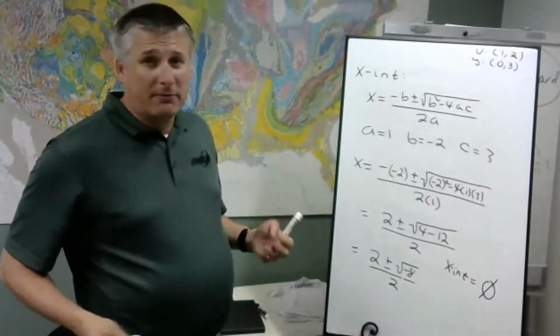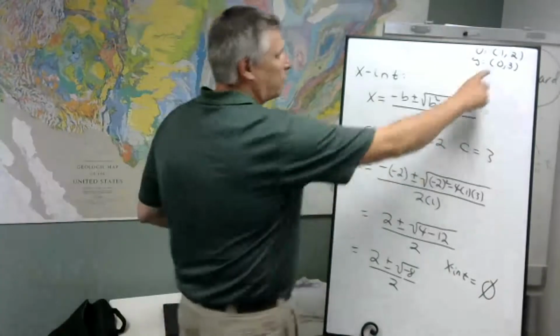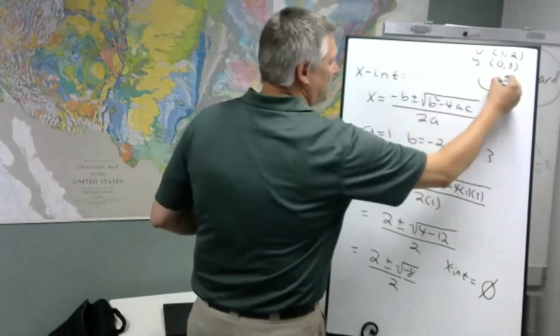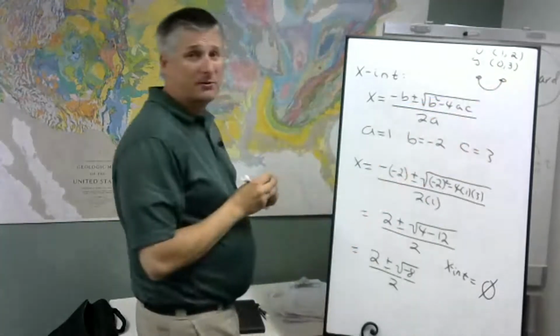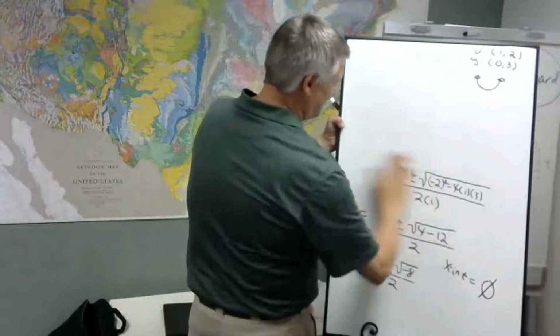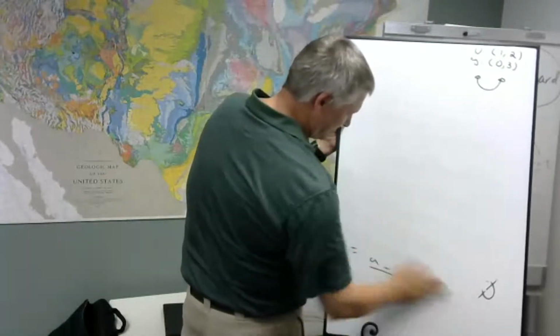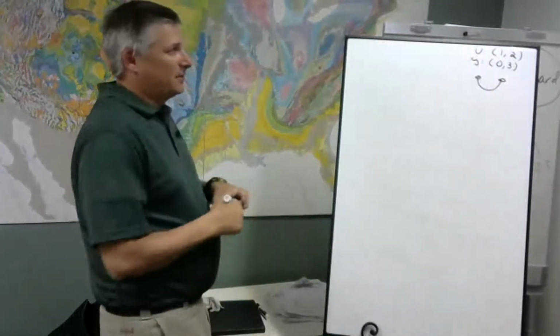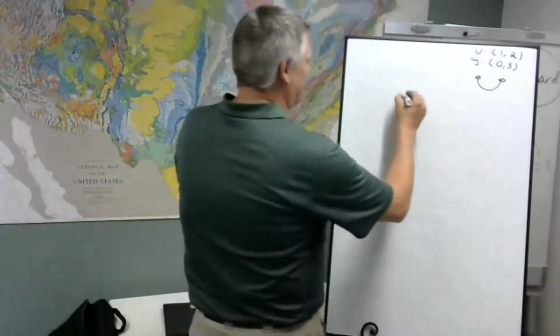So what do we have with the graph or parabola? We have a vertex, we have a y-intercept, and we know that it's upward facing. So let's put this together and try to graph it.